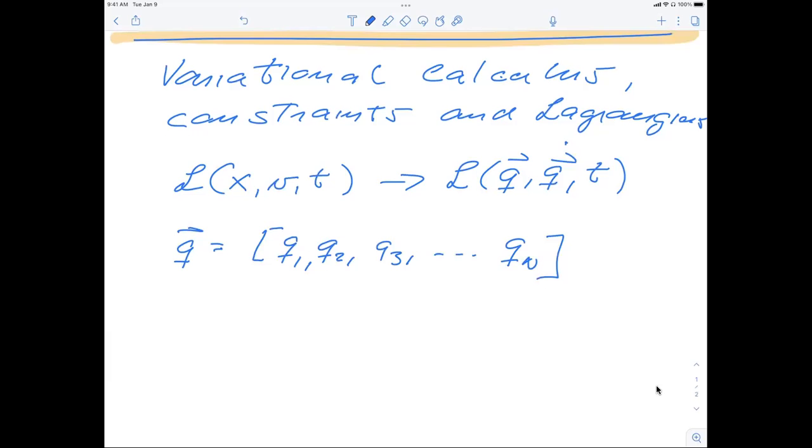And the case which we looked at on Wednesday last week was the system in polar coordinates, when we made a transformation from Cartesian coordinates to polar coordinates.